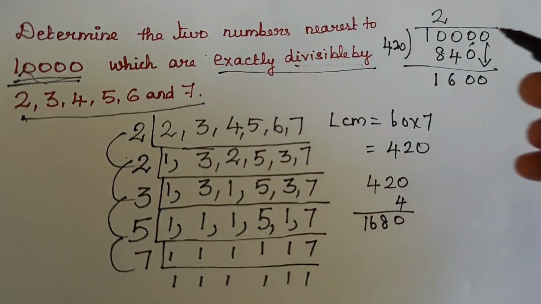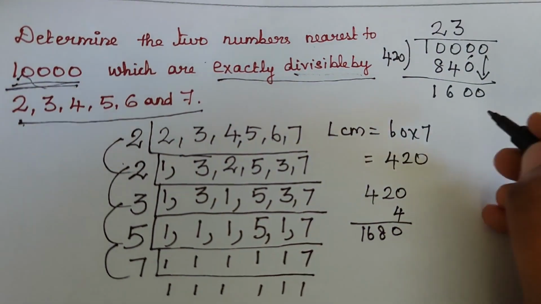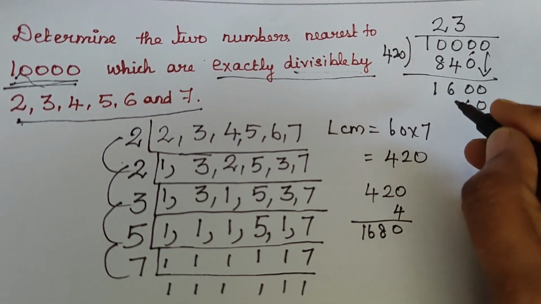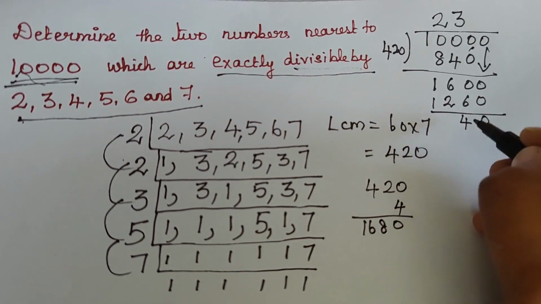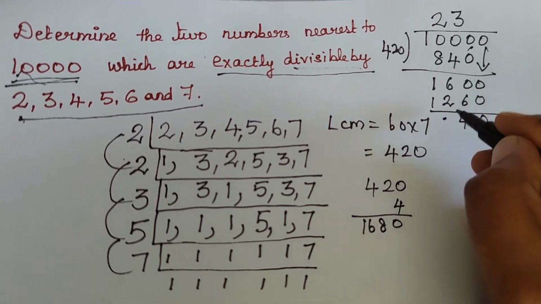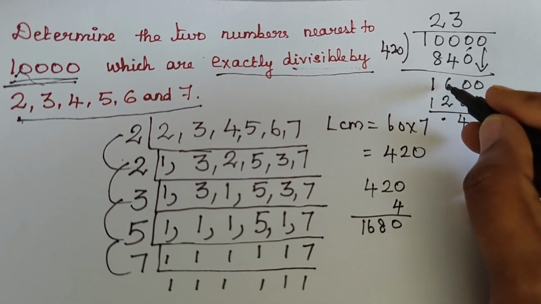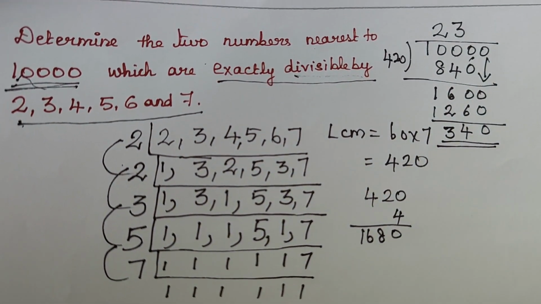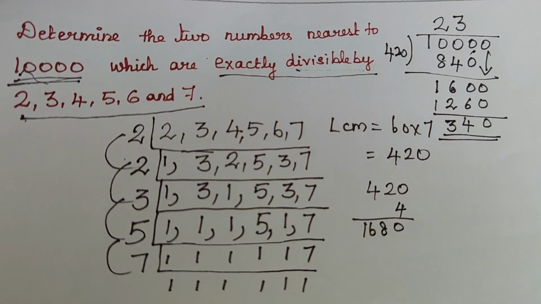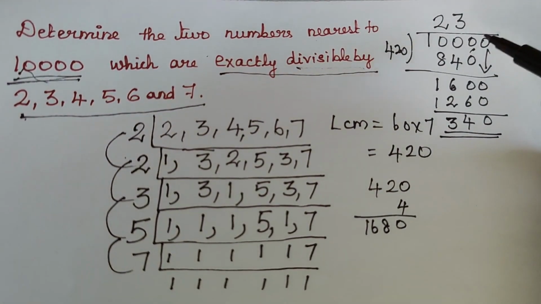Yes. So 3 times, 0, 6, 4 3s are 12. 0, 4, 5 minus 2, we have given 1 here, so 5 minus 2, 3. 340. The remainder is 340, which means 340 is excess in 10,000.